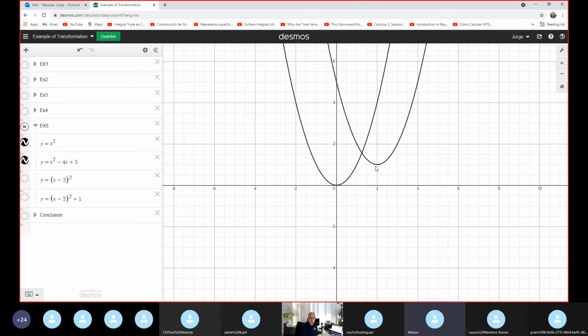And this is how you go from the basic to the final answer. Well, the transformation is a horizontal shift, 2 units to the right. I'm using another color. It will be blue. I like blue. And finally, a vertical shift, 1 unit up. Bang. Okay, in this case the blue color and black color coincide.